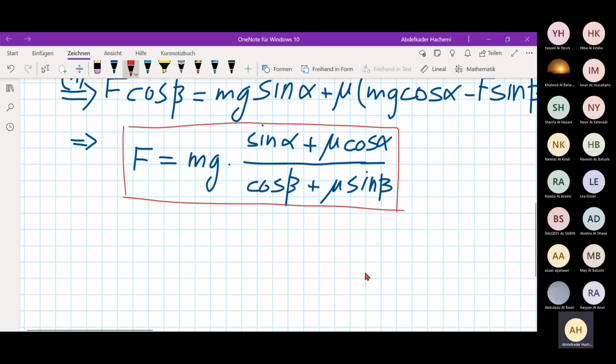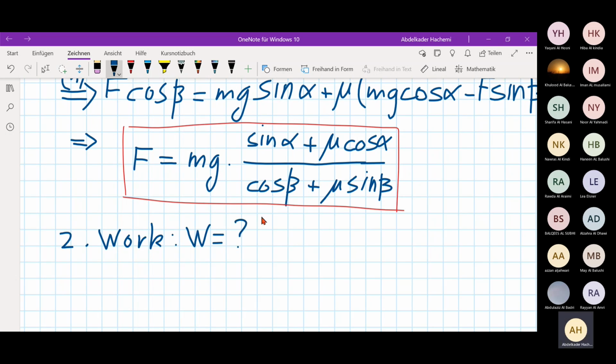Now coming to the second question, which is to determine the work. The work here, W equals, is unknown.